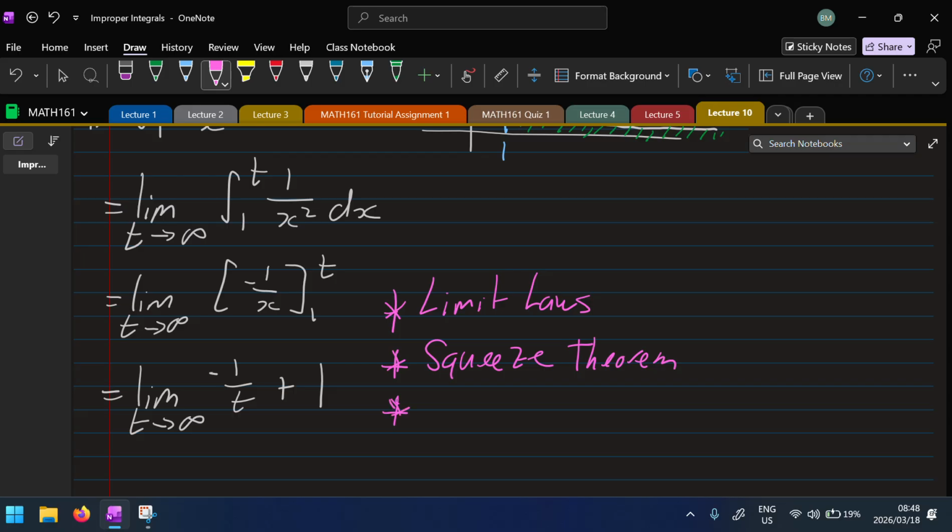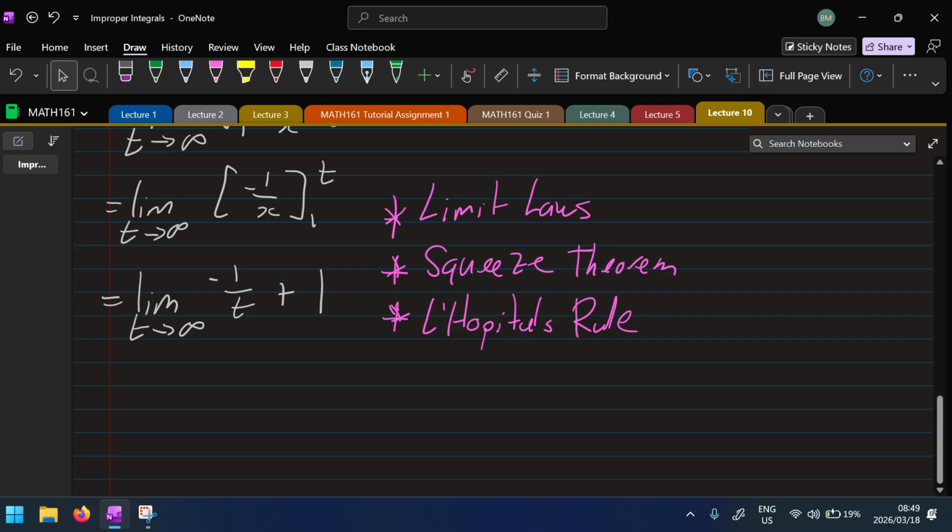Remember those from last year when we did the limits? So all of that applies now. Whatever limit we get, you're going to be using something like that. Depending on what limit we get, you might need L'Hopital's rule or the squeeze theorem. But we covered that last year, so you should be fine. A little bit of revision there.